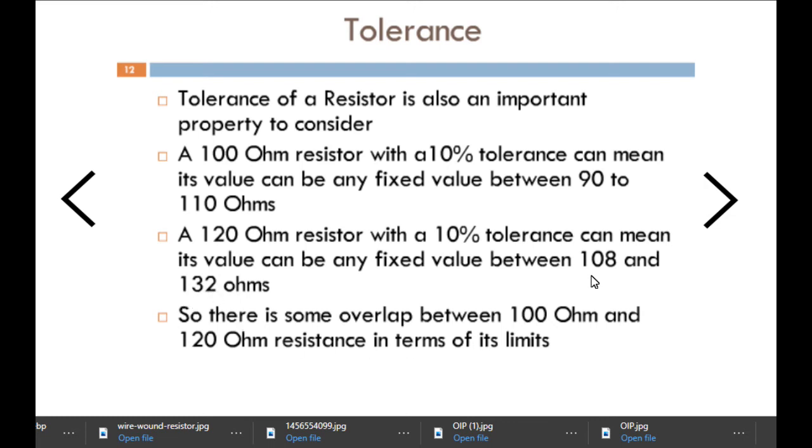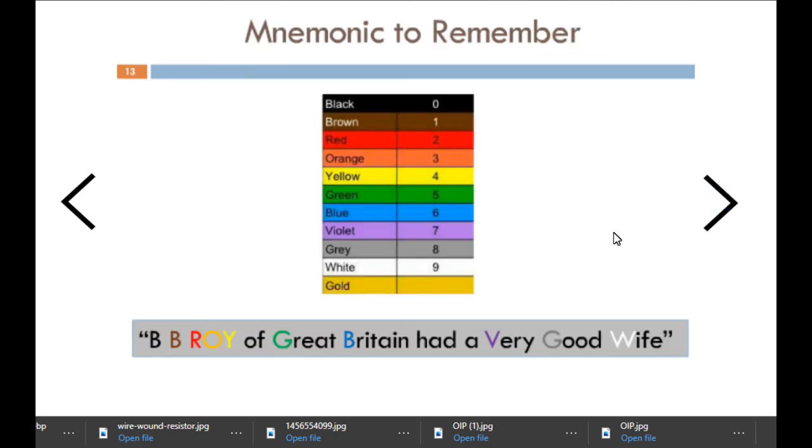So if you consider this 10% tolerance, both resistances may lie in the same range. A 100 ohm resistor with 10% tolerance and a 120 ohm resistor with 10% tolerance may both give you the same value.